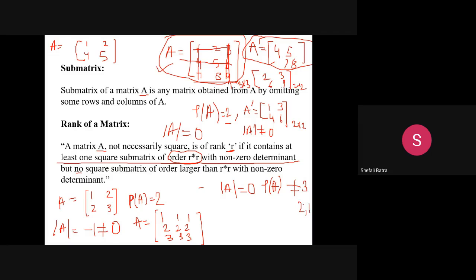राइट? नाउ फॉर 2 यू आर टेकिंग इट सब मैट्रिक्स. आई एम टेकिंग सब मैट्रिक्स 1 1 2 2. और किसी बच्चे ने लिया 1 1 3 3. और किसी बच्चे ने लिया 2 2 3 3. ठीक है, नाउ you can have many submatrices.